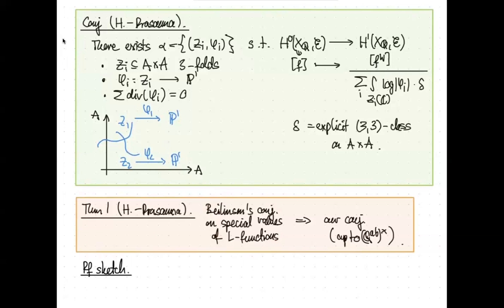And so I would like to show you how we can relate it to some statement about L-values. So note that the whole point of the conjecture is to understand the rationality of this class FW in H1.